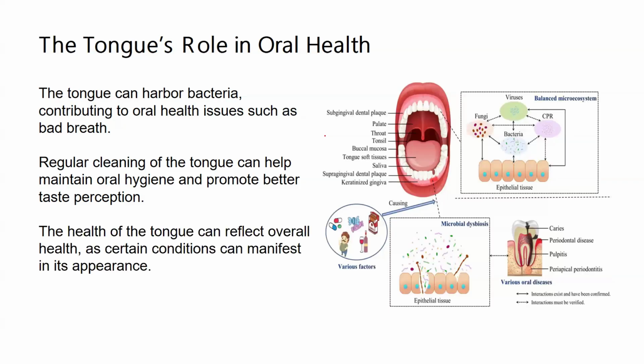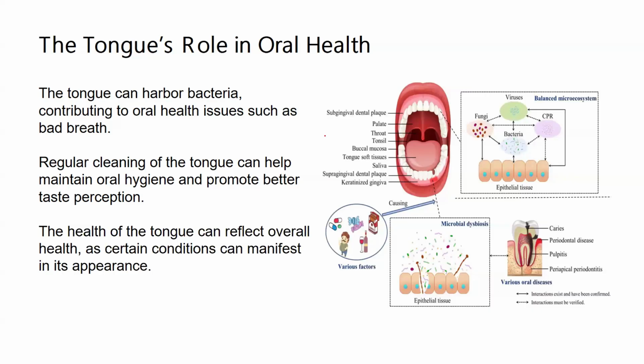Then, very importantly, the health of the tongue can reflect overall health. A certain condition can manifest in its appearance. So sometimes you can actually know whether you are healthy or you are having diseases based on the taste of the food or based on the health of your tongue.